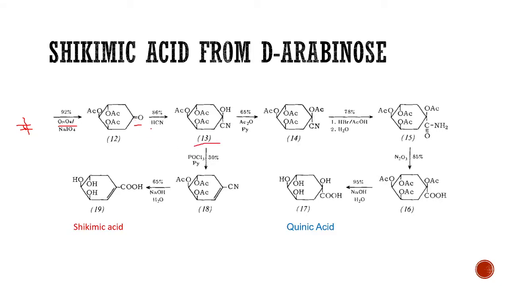This is a cyanohydrin formation. Once we get the cyanohydrin with treatment with NaCN, compound number 13 is subjected to dehydration, that is, minus H2O, in the presence of POCl3. POCl3 will convert this OH into a good leaving group, and the hydrogen over here goes with the OH, and we get loss of a water molecule.